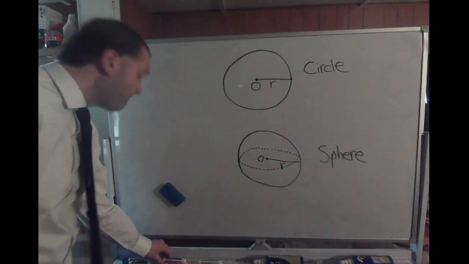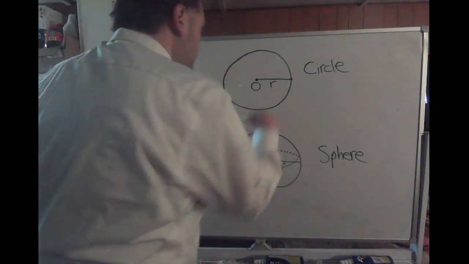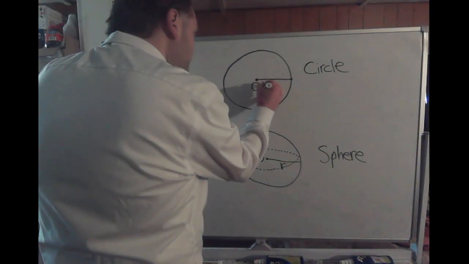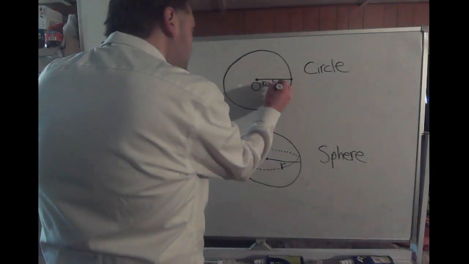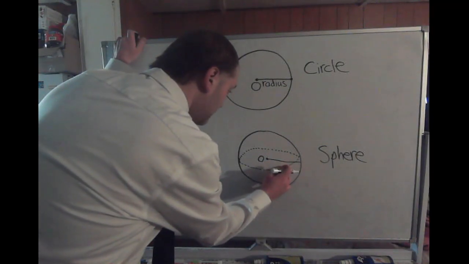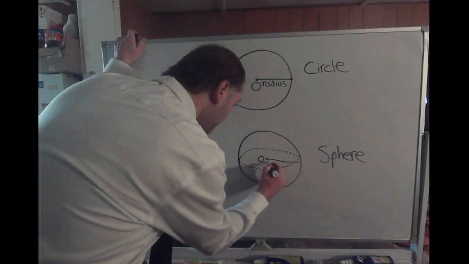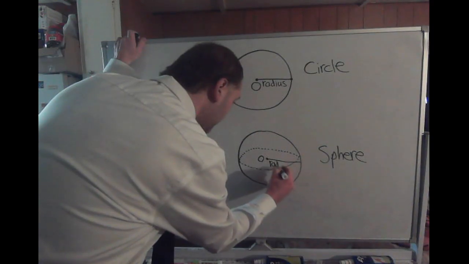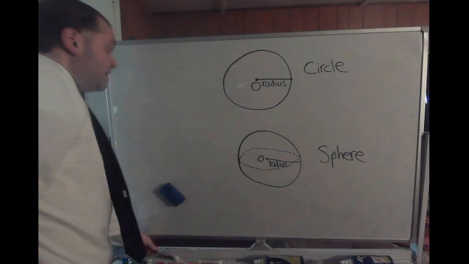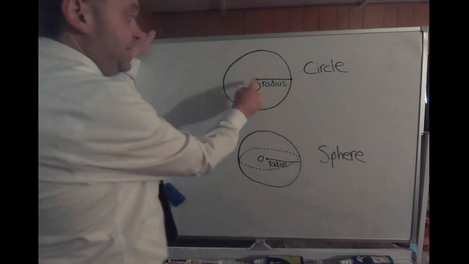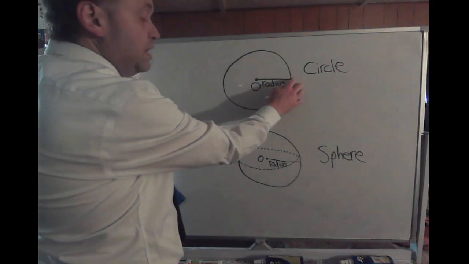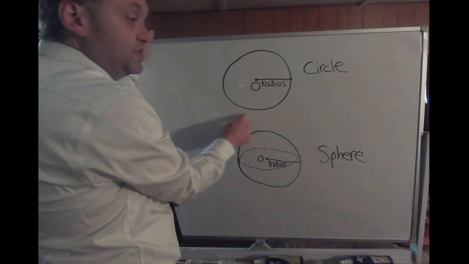I'm going to write the whole word radius here, and then I'll do the same here, and I'll talk about this in a second. If we see here, you have the center, and the radius extends from the center to one of the points that lies on the circle itself.